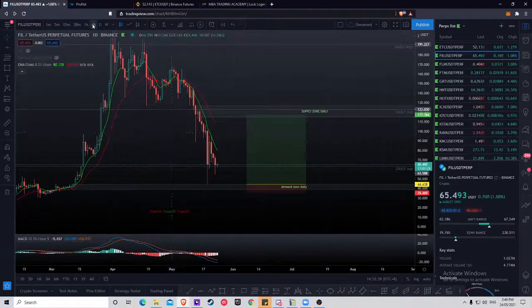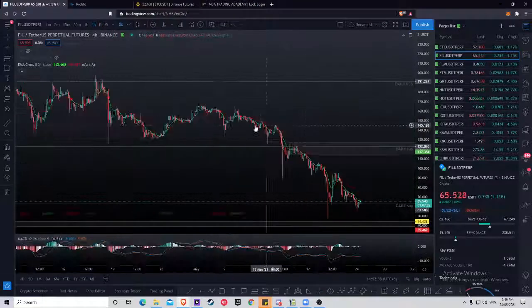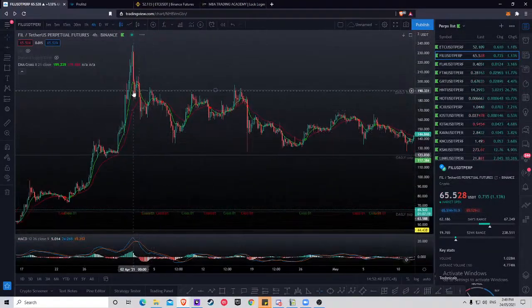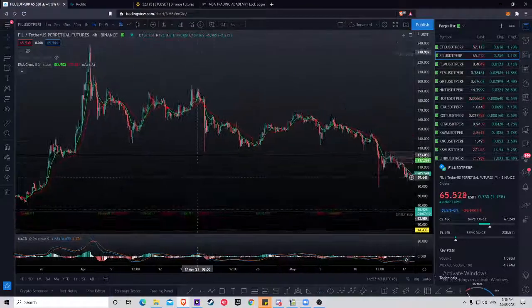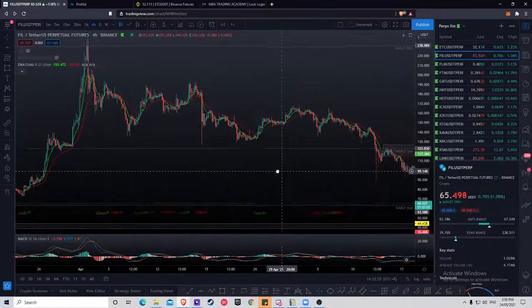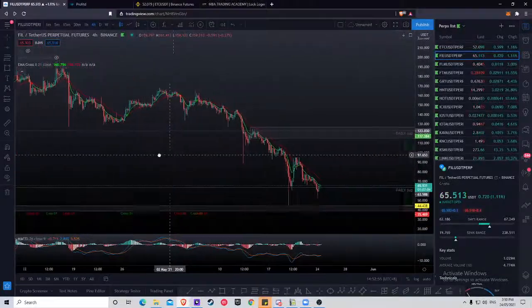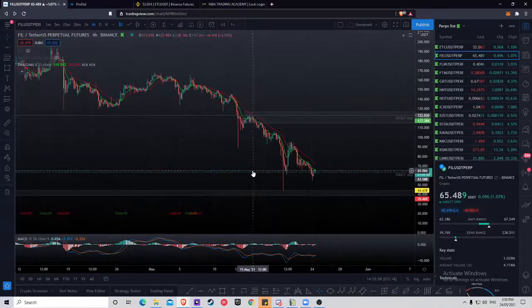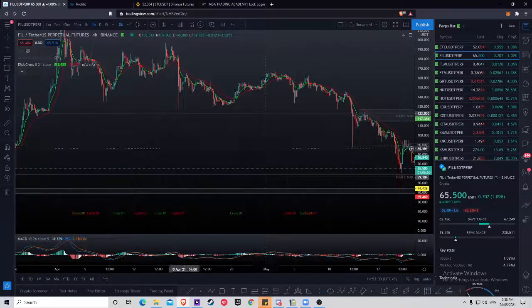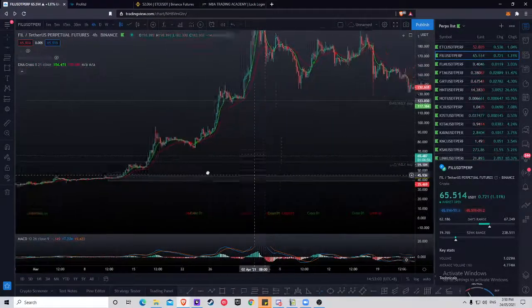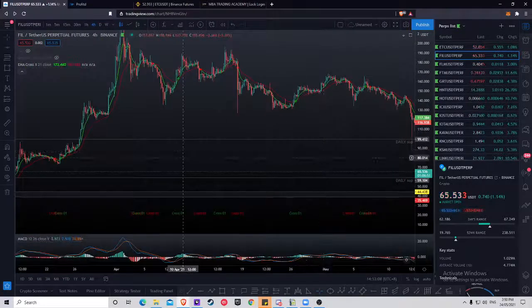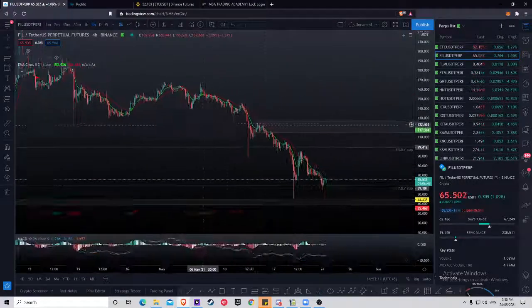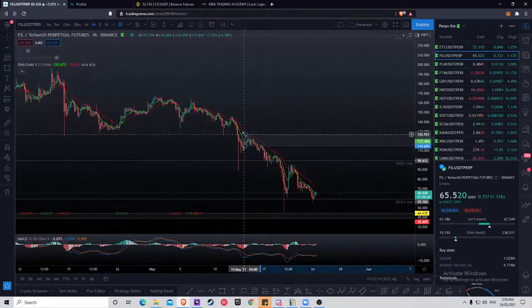Next, I'll drop down to the 4-hour chart. I'll go and readjust my support and resistance because there's an all-time high here, and that one looks alright. Now I'll just go and tighten up these supply and demand zones.